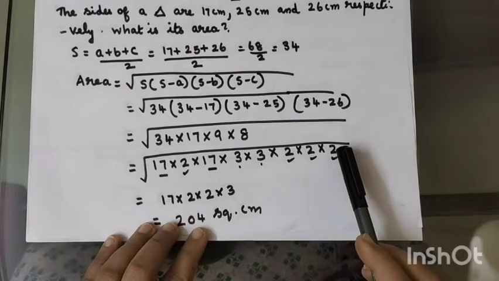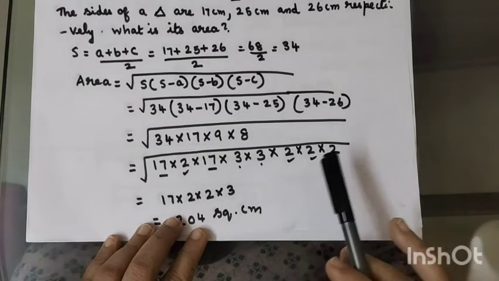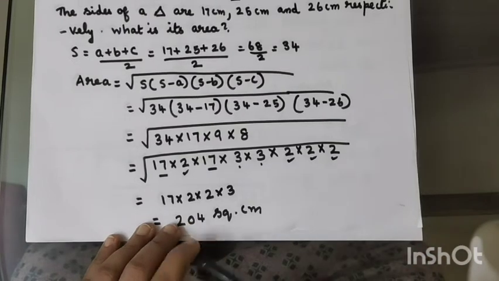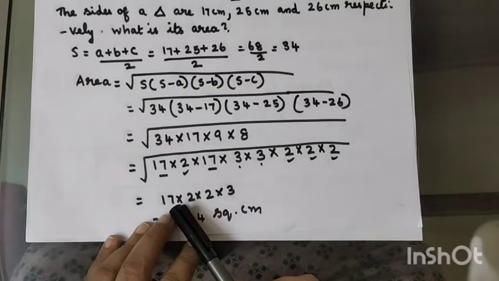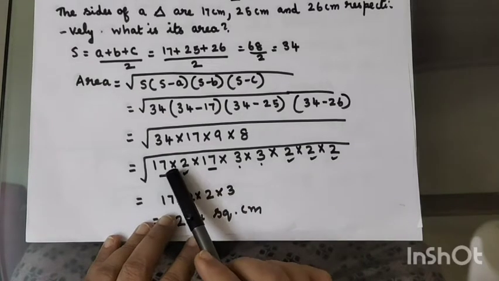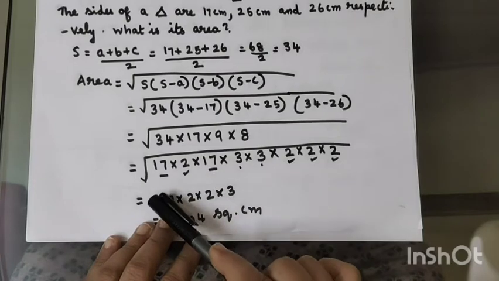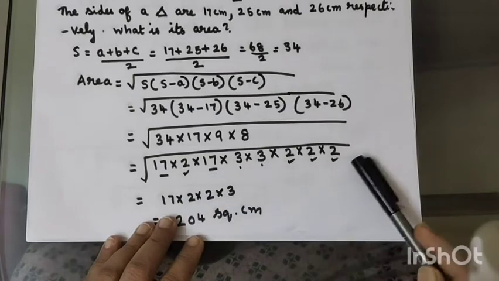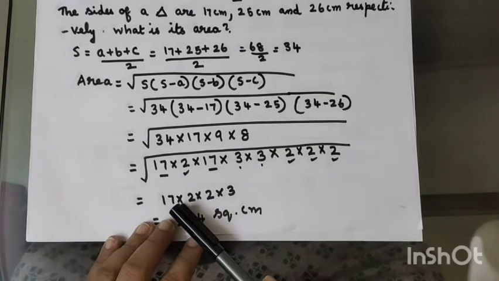So the next we will see which factors are the same, 2 together. You can see 17 and 17, one time we will write, because this is the square root. Now next we are finding the square root. You don't have to put the square root sign. So you write 17 once.